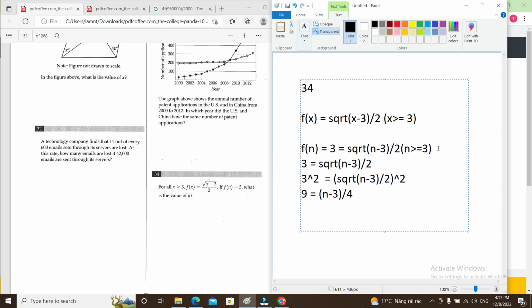So you can figure out very quickly n minus 3 is equal to 36, therefore n equals 39.